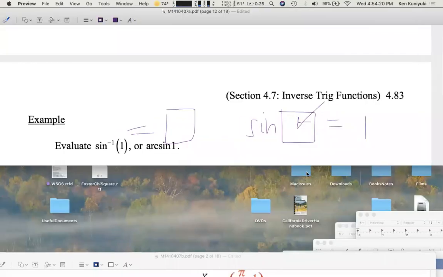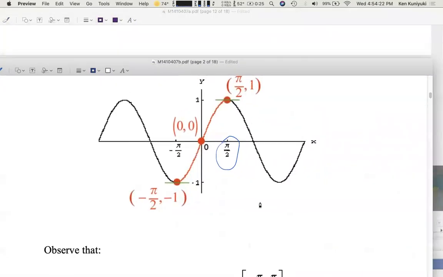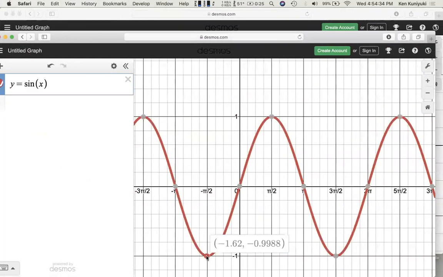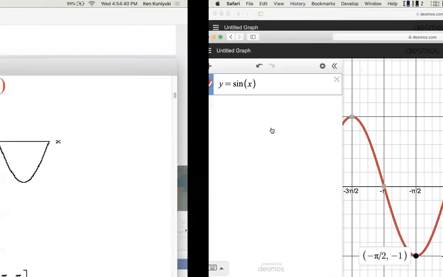But remember, we're restricting the sine function to this restricted domain from -pi over 2 to pi over 2. We're only supposed to consider this piece of the sine wave, only the piece from this point, -pi over 2, -1, to this point, pi over 2, 1.